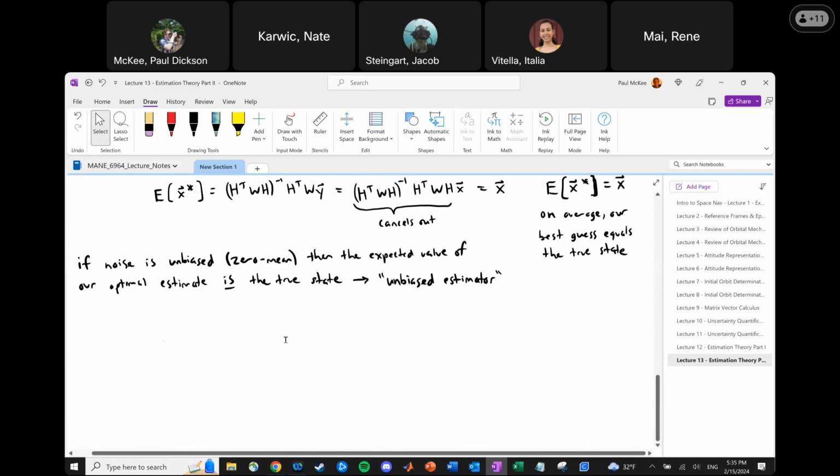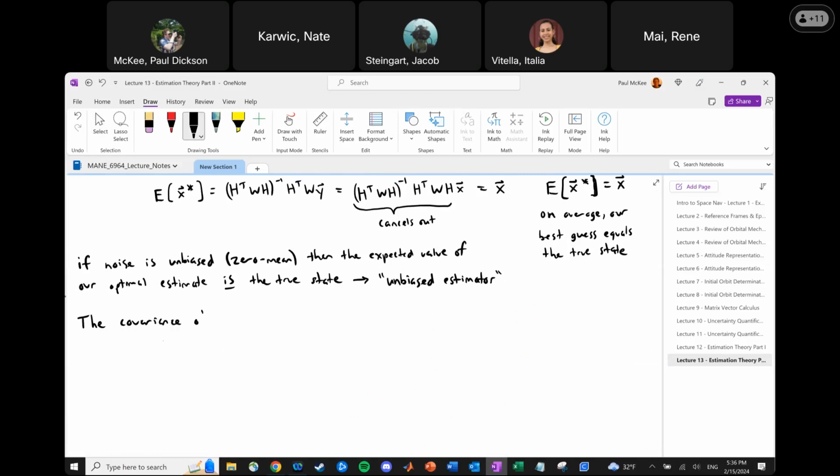So next we're going to talk about covariance. As a reminder, I believe we've said this before, but here it is. The covariance of the state is defined as P, which is the expected value of X star minus the expected value of X star, times X star minus the expected value of X star, transposed.